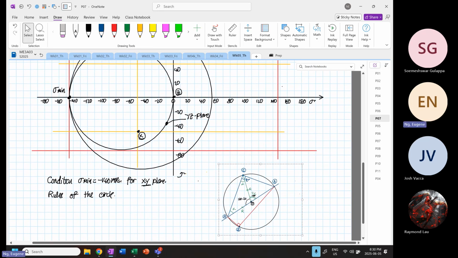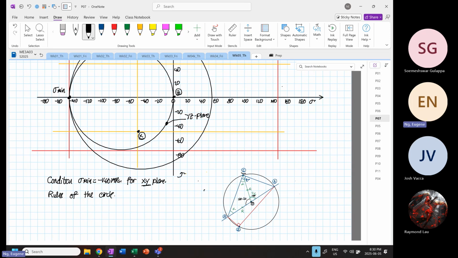So how does this work? Basically, can I rotate this? No, I cannot rotate. This is annoying. Basically, this point corresponds to this point over here, and this is 90 degrees. Yes or no?